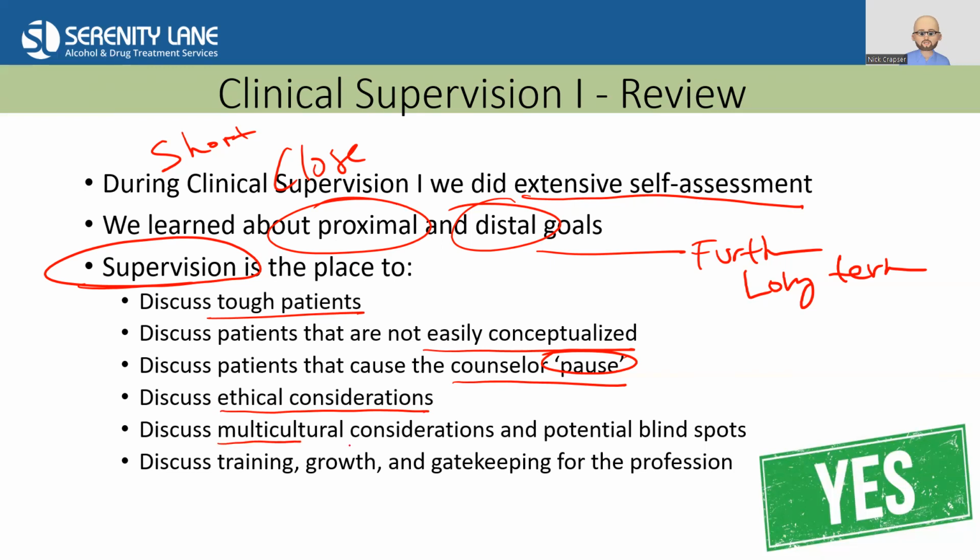Definitely the place to discuss multicultural considerations. This should be an ongoing part of our conversation with our supervisees, and potential blind spots. I like to use the term blind spots because oftentimes these blind spots are not intentional. Just like when you're thinking about a blind spot in a car, it's not something that you are intentionally avoiding. It's a spot that you're not thinking about there.